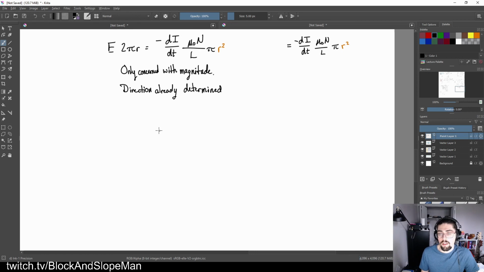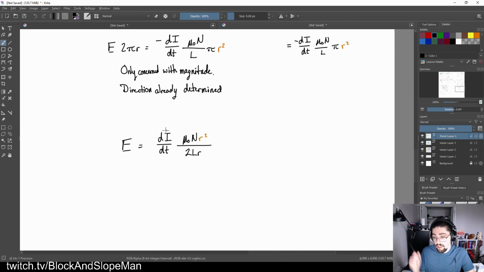So when I do that, I'm solving for the electric field. E is equal to, I need to divide by 2 pi, so the pi's are going to cancel out. I'm going to have di dt times mu naught n orange r squared divided by 2L black R. And now we have all of these quantities.